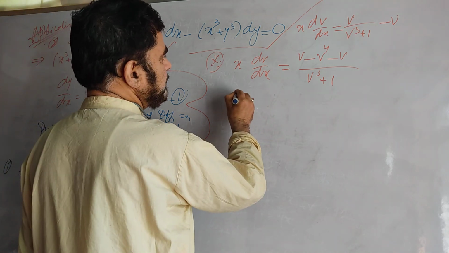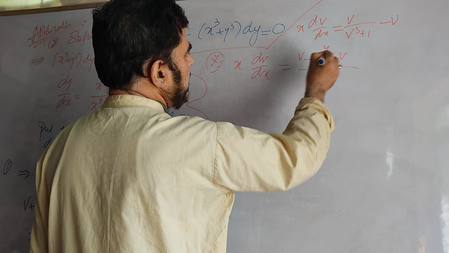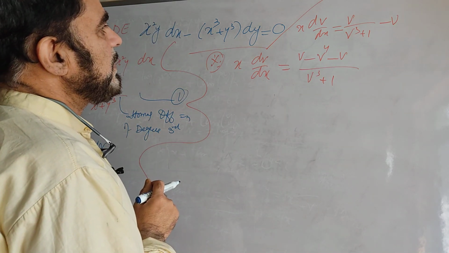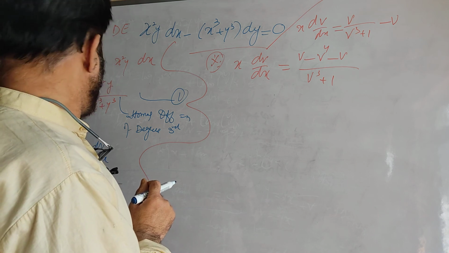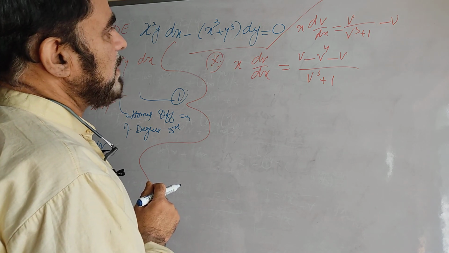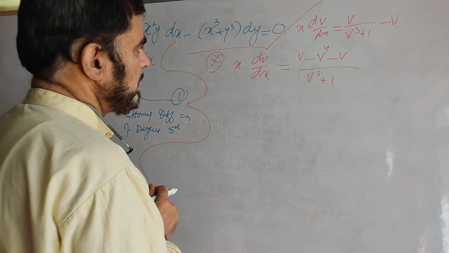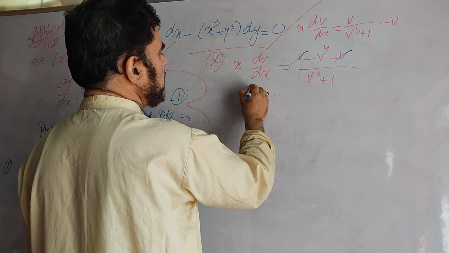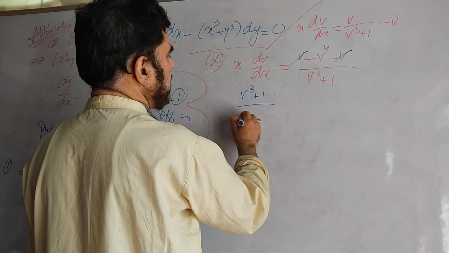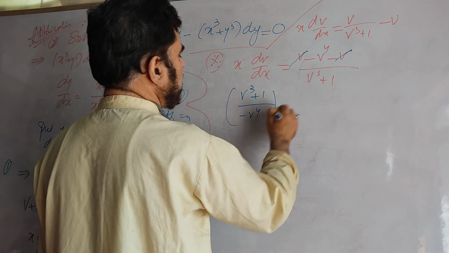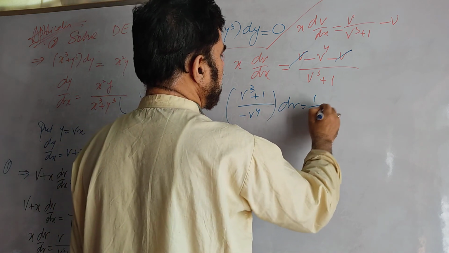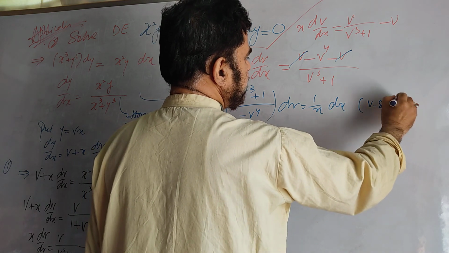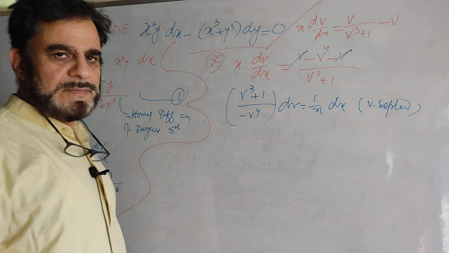I can write it as (v cube plus 1) by (minus v to the 4) dv is equal to 1 by x dx. Yes, variables are separated. You could separate the variables.